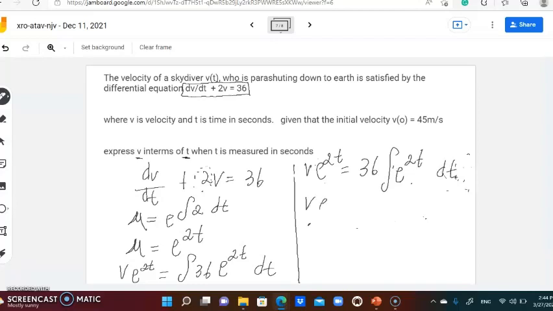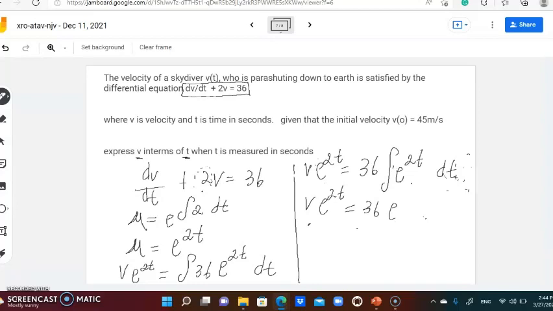So v times e to the 2t is going to be equal to 36. I know that I am integrating e to the 2t. I'm going to take the top, differentiate it, and divide by the result.